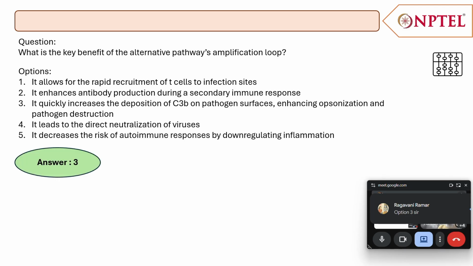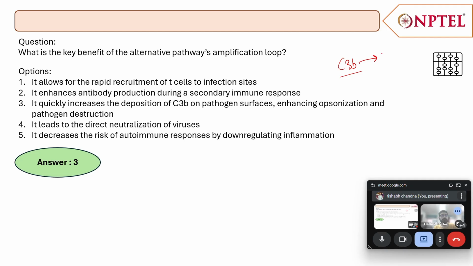So yes, the correct answer is option number three. In the alternative pathway, the C3b attaches to the membrane. Okay, so this C3b, when attached to the membrane, will act as an opsonin. Opsonin is basically the coating of C3b onto the microbe, and that will be detected by the phagocytes. So yes, the third option is correct. Okay, so any doubts in this particular question?